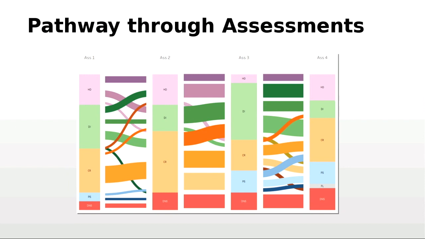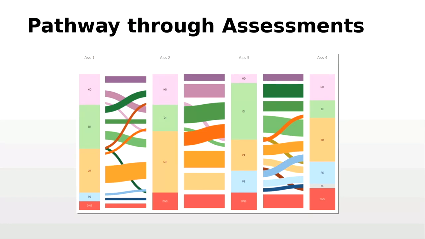The thickness of the line indicates the number of students. So more students went from distinction to credit, from assessment 1 to assessment 2, than from distinction to distinction. And looking at the whole picture, there doesn't seem to be a major issue as there is no dramatic downwards tendency.